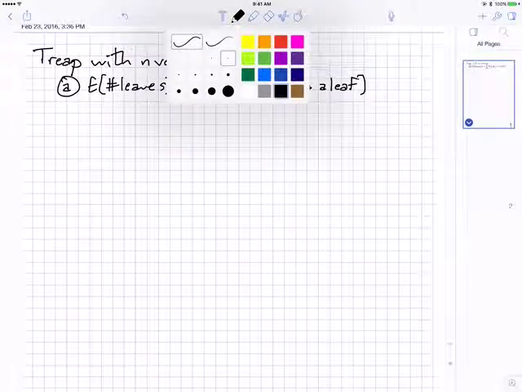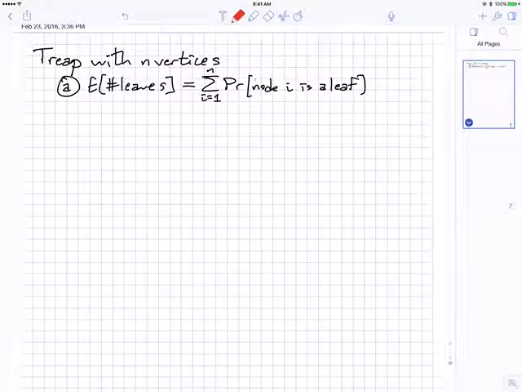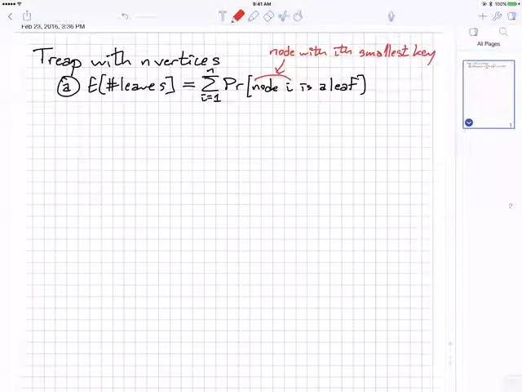And following the analysis that we did with trees elsewhere in the class, this means the node with the ith smallest search key. Okay.